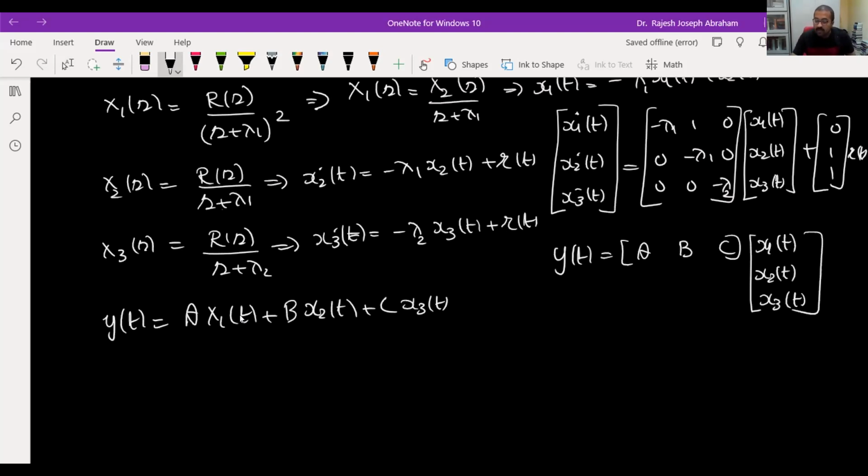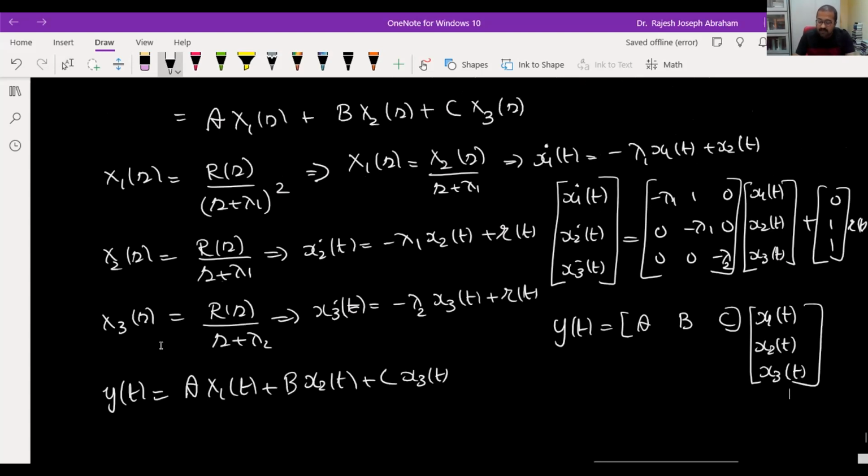Okay, so again, what happened here? You can see the lambda 1 was repeated. So this submatrix is called the Jordan block.